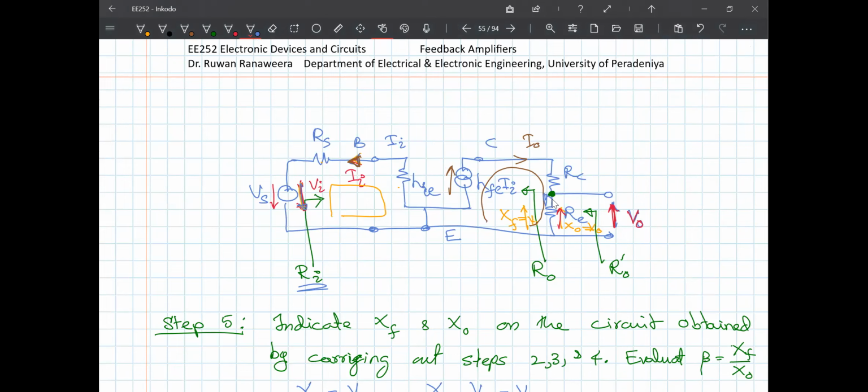Now, obviously, if you had this other model where you had the 1 over HOE here, R out would be RC plus 1 over HOE. But now we have assumed this to be infinity. So therefore, this whole thing is also infinity.